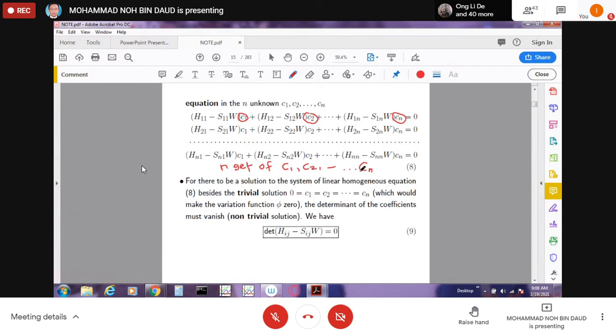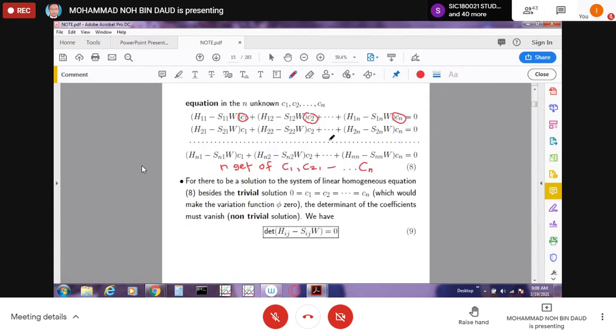We can get this n set of C, the coefficients. So there are two kinds of solutions for this simultaneous linear homogeneous equation.